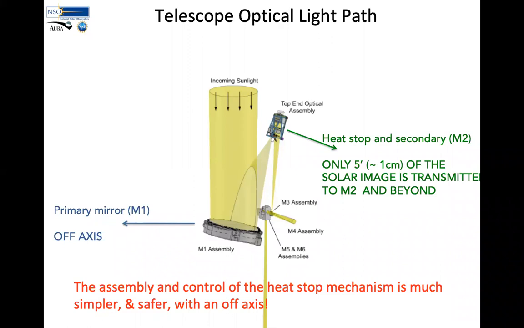Putting that on top of your mirror is something that gives you a bit of anxiety. So people plan to do it. I think the European project is an on-axis, so they must do it somehow. I don't know the details, but they have to do it. That would probably be less bulky than this one.